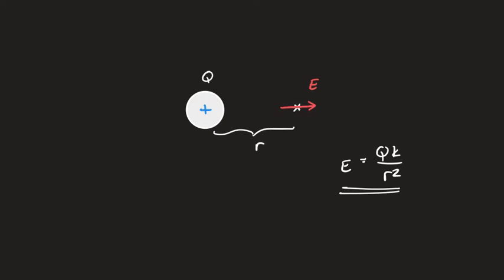Now, I could place my point charge lots of places around. And in each case, I could begin to build kind of a map of what the electric field might look like in regions around my test charge.